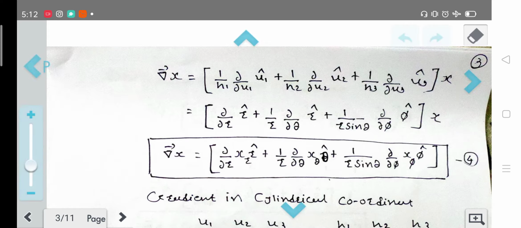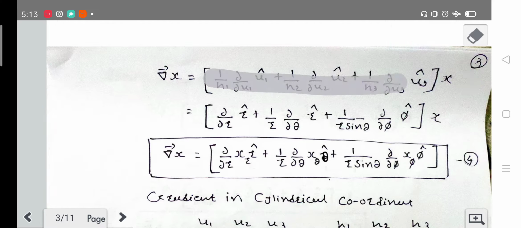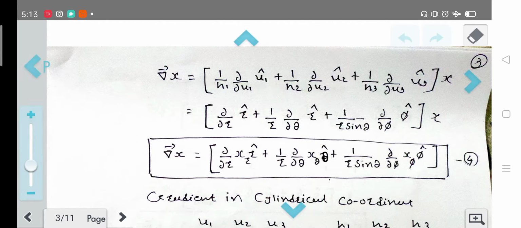Okay, so we just have to put the value of h1 h2 and h3 and u1 u2 and u3 in this generalized formula. As we know, for spherical coordinate system h1 will be 1, h2 will be r and h3 will be r sine theta.